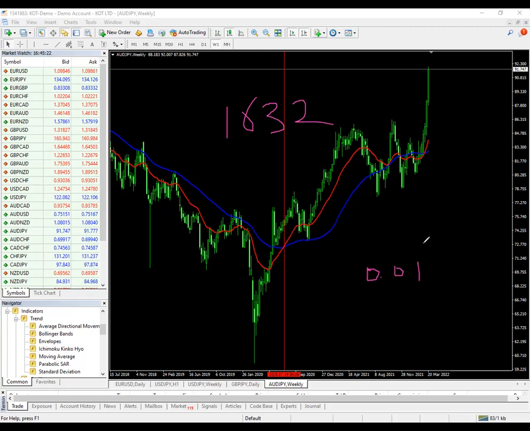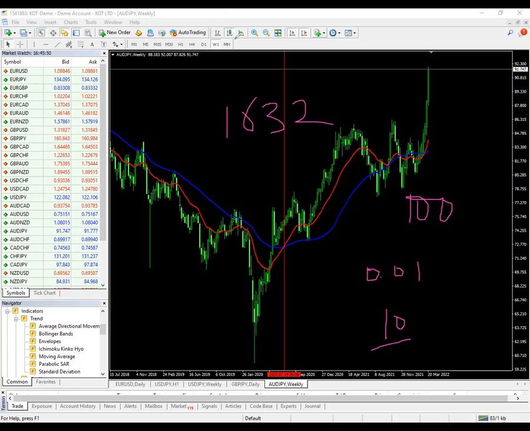Every 100 pips is what? $10. Every 100 pips is $10. So 1,000 pips will be $100, and then 632 pips will be about $63.